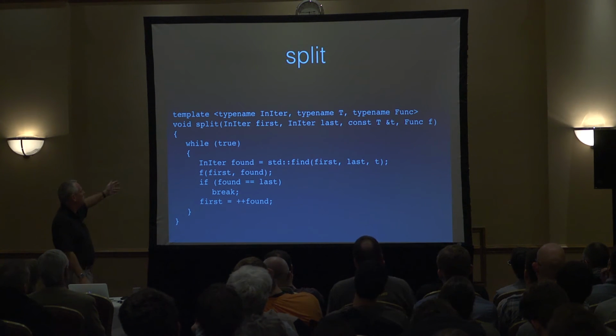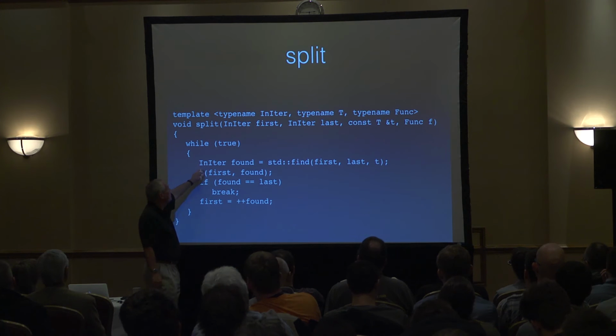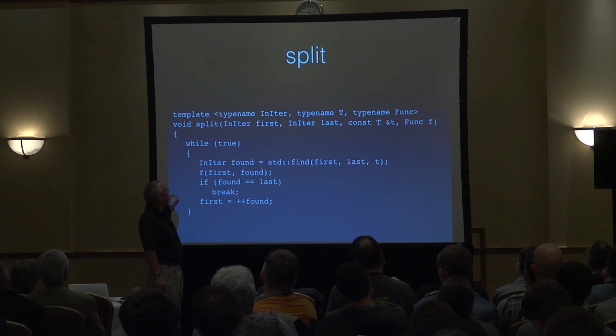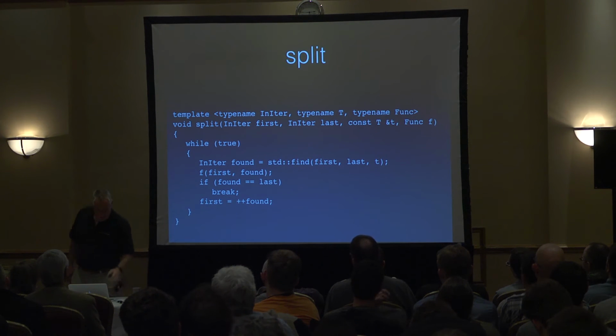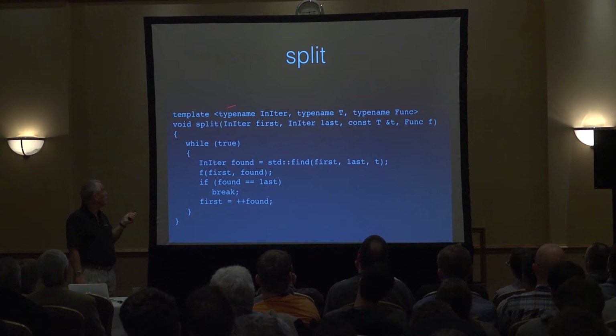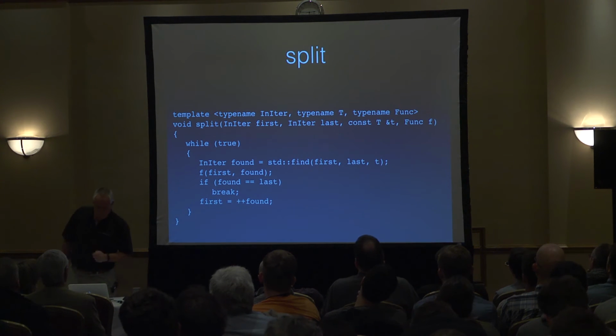And so what do we say? In my editing of these slides, I made a mistake. This should really say FW iterator, because these have to be forward iterators. We can't actually use input iterators here.